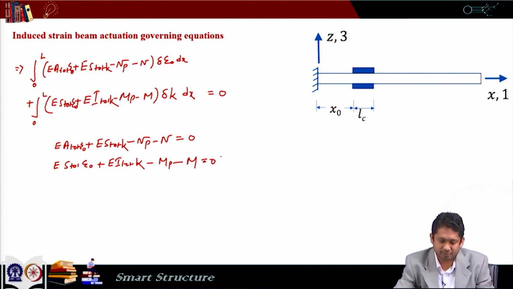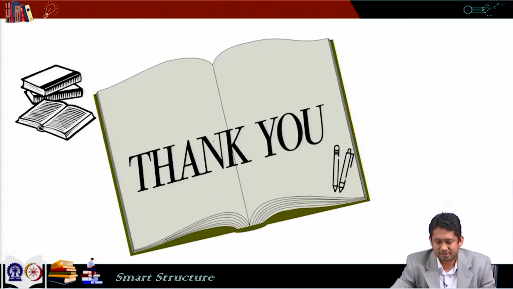So, this is the equation that we dealt with last week. Instead of balancing the forces, we got it starting from the virtual work equation. Now, with that I would like to conclude this video here. Thank you.